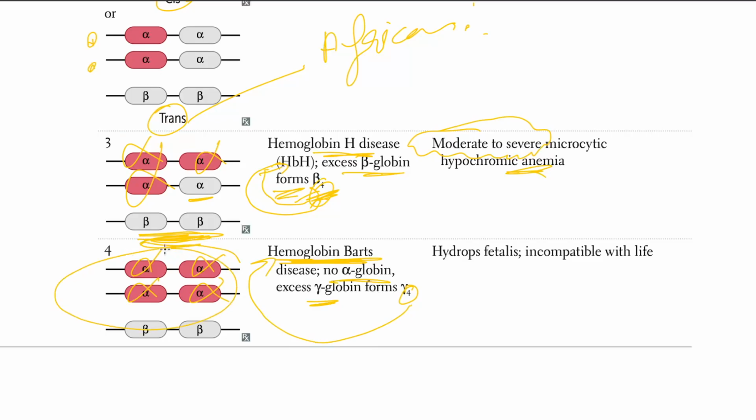Because you don't have any alpha now, this is incompatible with life. Formation of hydrops fetalis. That's going to cause CHF and will lead to death in utero. Okay, that is just incompatible with life.